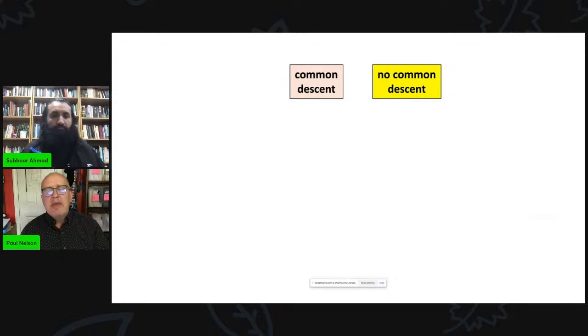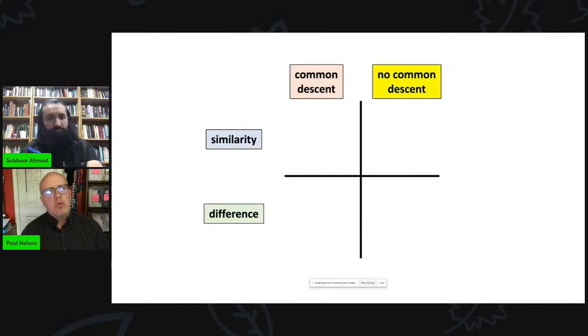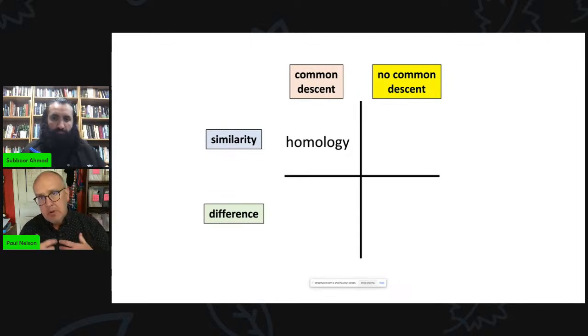Okay, so here's a matrix. I mentioned this at the outset that I think is very helpful. We have common descent and no common descent across the top there, and then we have similarity and difference as observed properties of some living system, which gives us a 4-quadrant matrix. Now, the familiar parts of the quadrant are these: common descent causing similarity. All right, that's in fact that causal aspect has now post-Darwin been incorporated into the definition of homology.